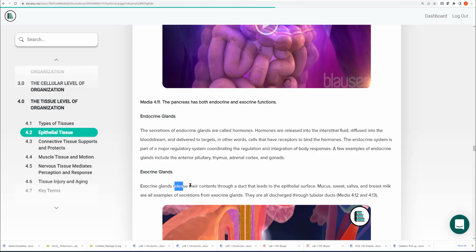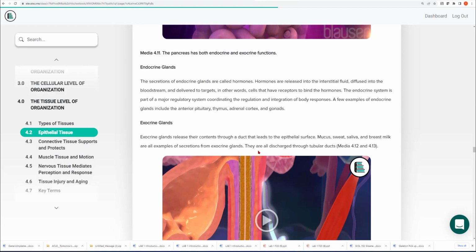Exocrine glands release their contents into a duct, into a tube, that then leads to an epithelial surface. So again, mucus glands, goblet cells, sweat glands, salivary glands that make saliva, breast milk, all of these are examples of exocrine glands.